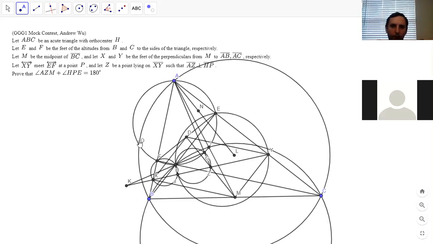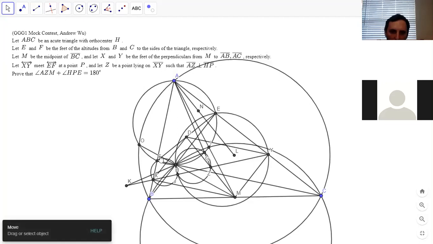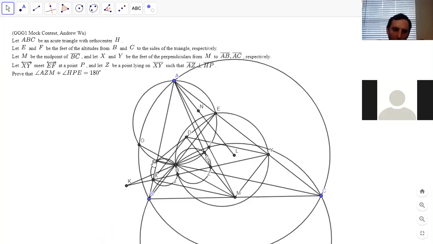So yeah, spiral similarity at O. So O, H, and M are collinear. That's well known. The spiral similarity takes OFE to OXY to OBC.